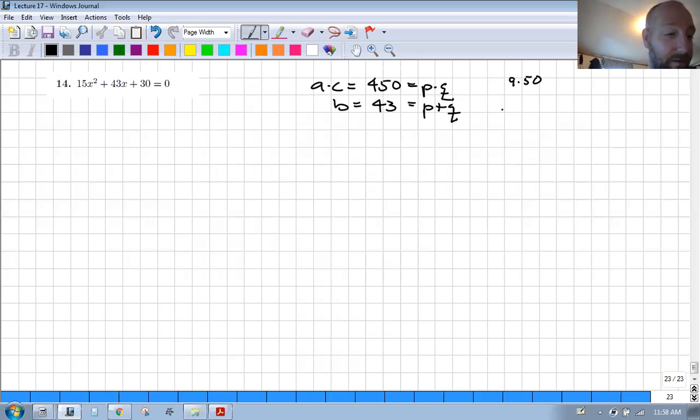I can do either 2 times 225. 450 is divisible by 3. It is 3 times 150. Is it divisible by 4? 450 divided by 4, no. Divided by 5, right? 5 times 90.